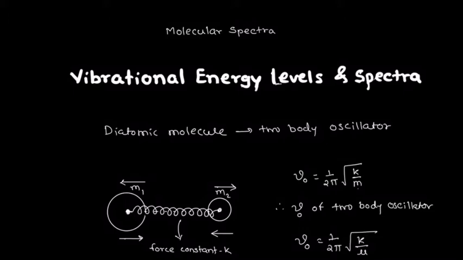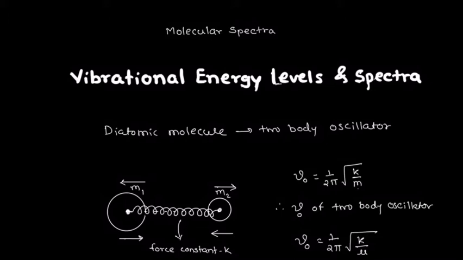Before that, we know that if a mass is connected to a spring and the spring executes simple harmonic motion, its natural frequency nu 0 is given by 1 divided by 2 pi under root k by m, where k is the spring constant. For the two-body oscillator, we find the frequency in a similar way.